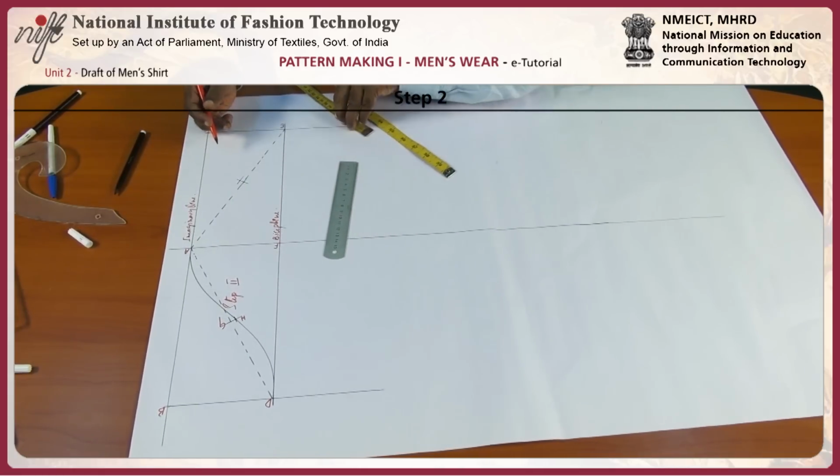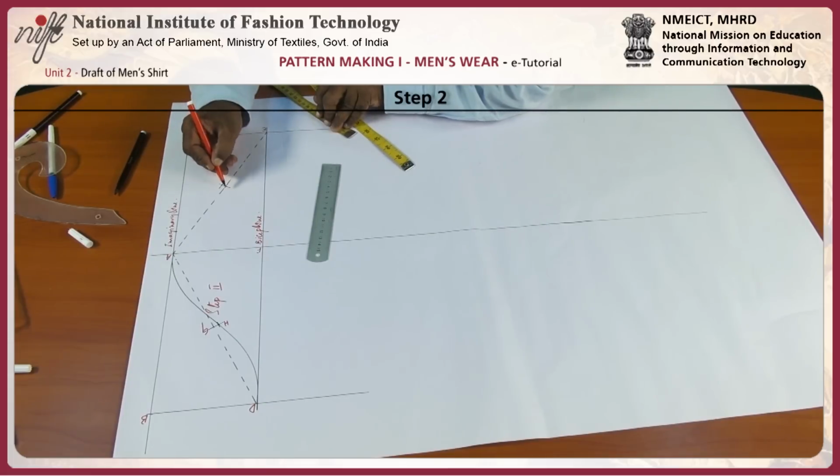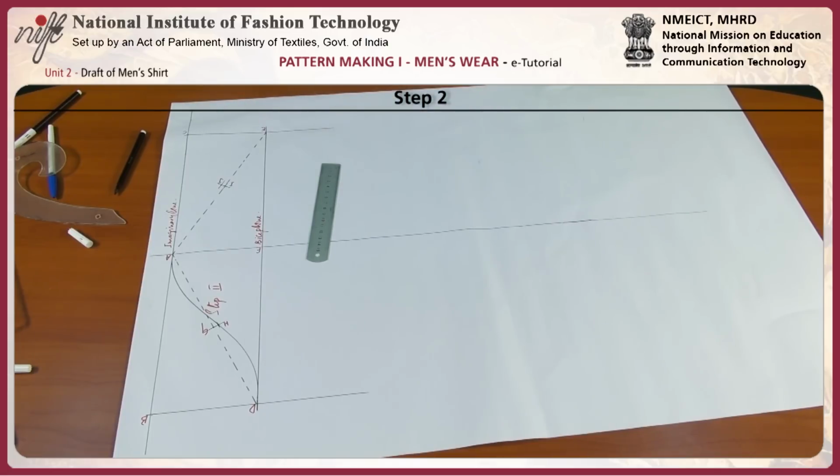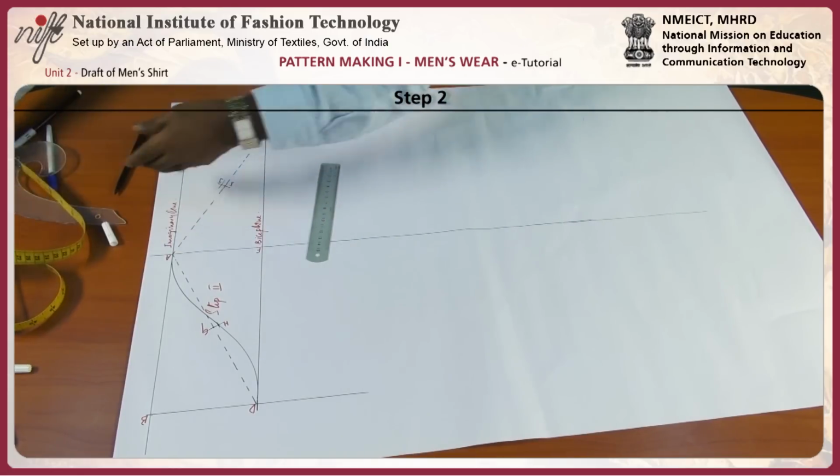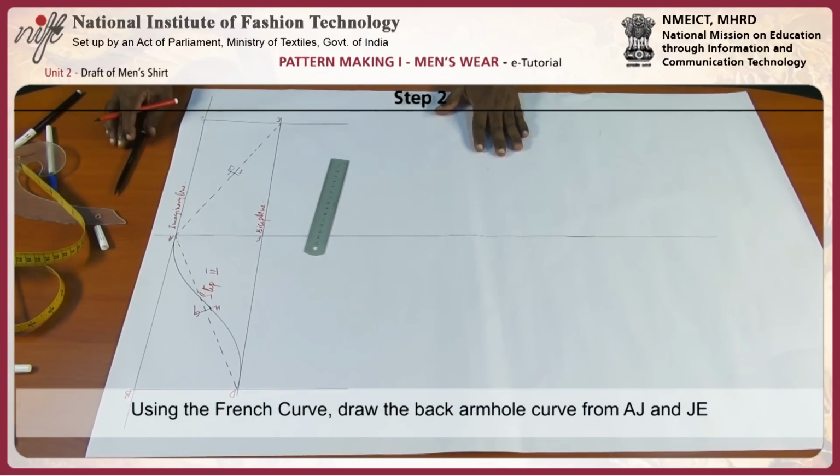This will be I and J. Draw the back armhole curve from A to J and J to E using the French curve as demonstrated.